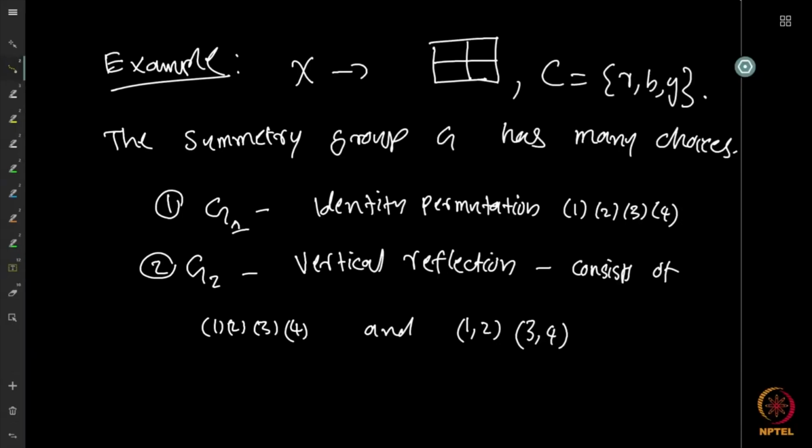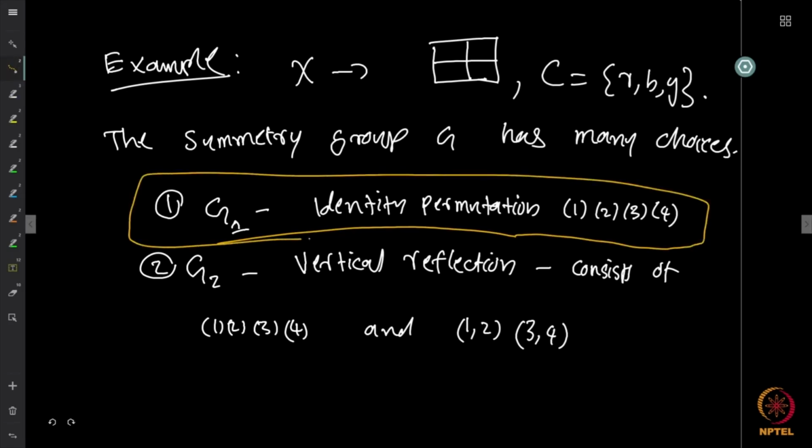And since S_X in this case is basically S of 1, 2, 3, 4, there are four elements in X, we can look at any of the subgroups of this S4. So for example, maybe the symmetry group is precisely the identity permutation. The identity by itself forms a group, so therefore it's a subgroup of the symmetric group S_X, right? So G1, let me say, is the group with only one element, which is the identity permutation.